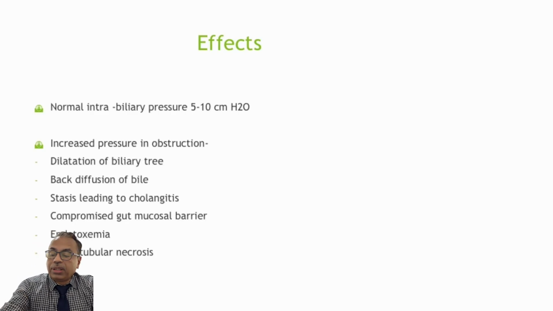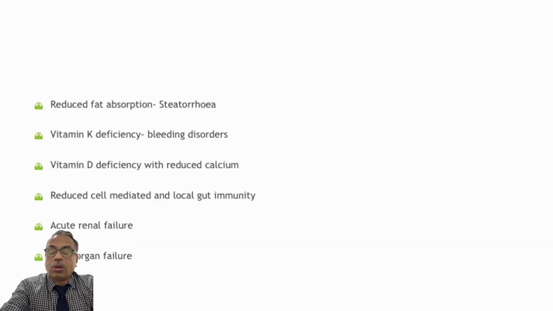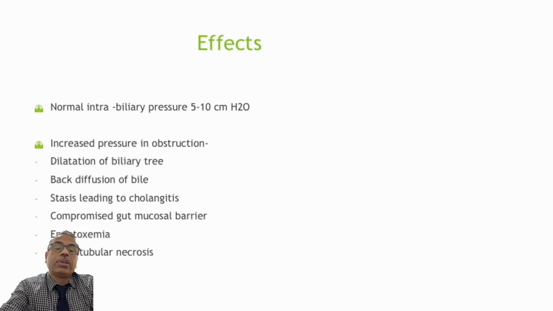Now, we have seen different classes, or the different types, or the different causes of obstructive jaundice. We'll see what effect, or what pathogenesis, or what pathophysiological changes they cause when there is a mechanical obstruction to the flow of bile into the small bowel.